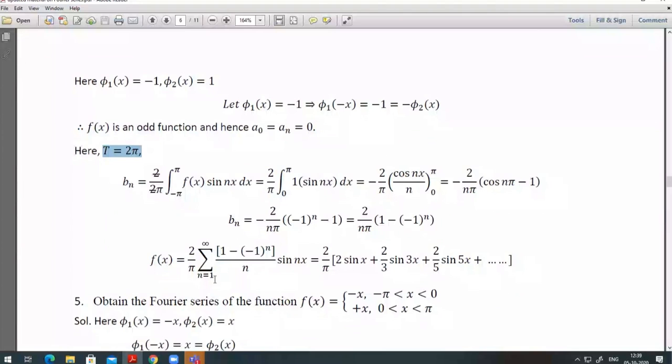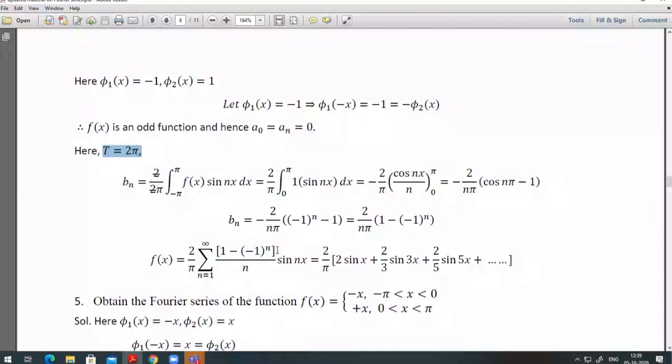If we expand this for odd values of n, we get 4 by pi times sin x plus sin 3x by 3 plus sin 5x by 5 and so on. This is the Fourier series expansion for the given f of x, for an odd function.